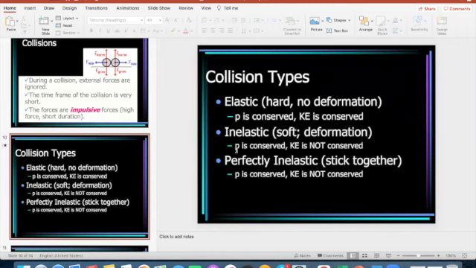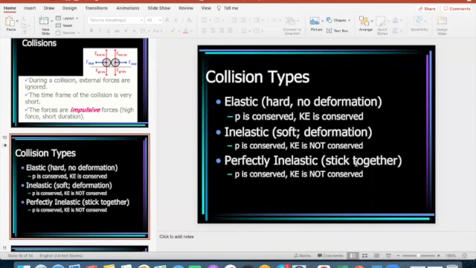So similar to inelastic, except after the collision, the items kind of just stick together. They're stuck together. Right? So an example of a perfectly inelastic collision would be two cars crashing into each other, right? The metal parts of the vehicle kind of stick together.